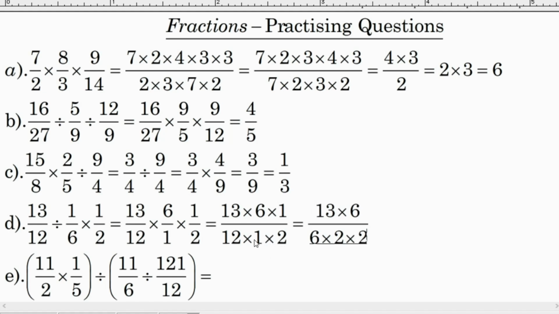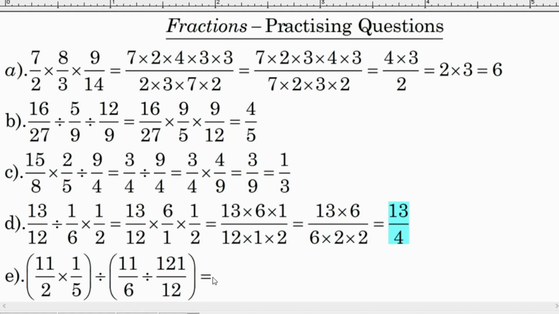We don't need to multiply with 1 because 1 multiplied with any number is still the same. Then here 6 and 6 at the denominator can simplify with each other. Then we get 13 divided by 2 multiplied with 2 equal to 4. Okay, so that is the final answer.